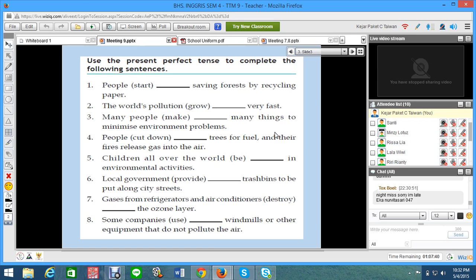There are 8 questions here, and you need to complete the following sentences by making them into present perfect tense. 1, 2, 3, 4, 5, 6, 7, 8. There are 2 volunteers here.